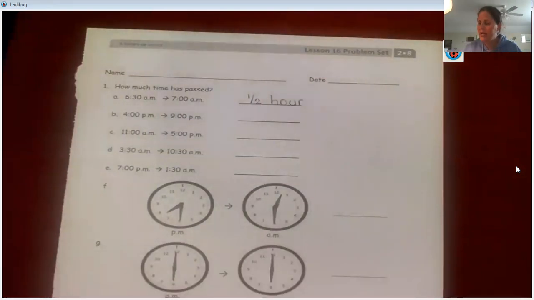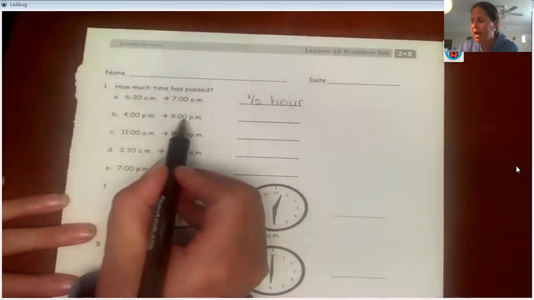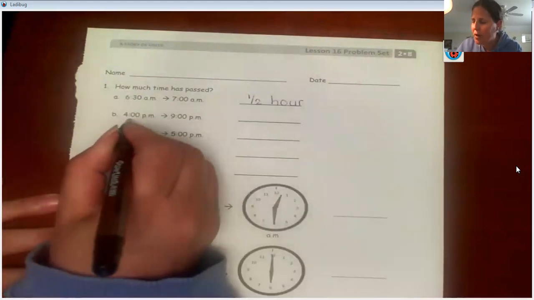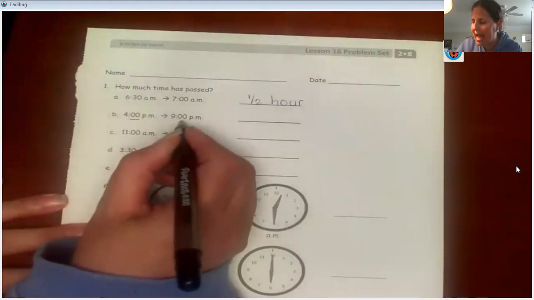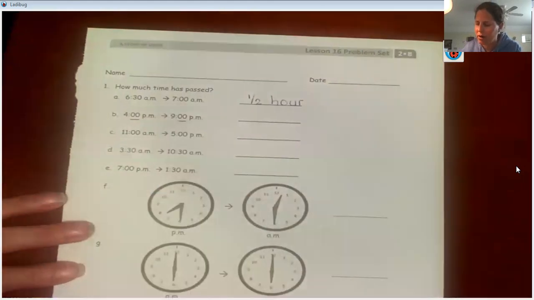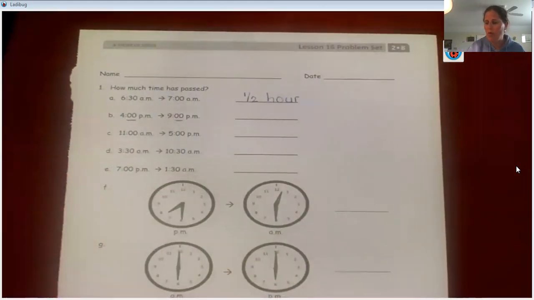Now, letter B is 4 p.m. to 9 p.m. These are both times that are exactly on the hour. So when I'm going from 4 o'clock to 9 o'clock, I can just add on like I'm counting. If I'm at 4 p.m., I'm just going to count the difference to get to 9.